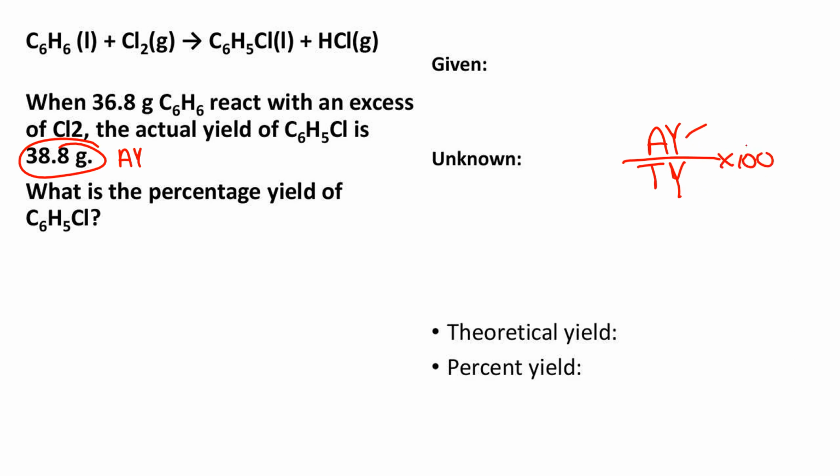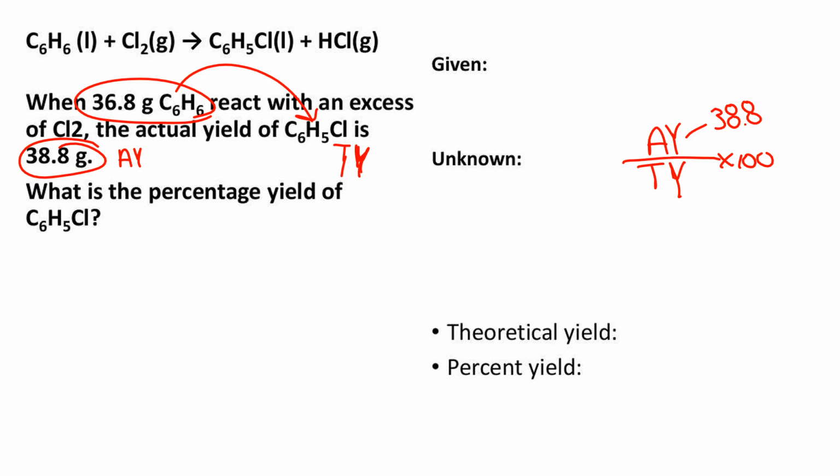All right. So that's going to be your 38.8 grams. So the question I have is, now, what do I do with this? I have to use stoichiometry from this to this to get my theoretical yield. So I have to solve for my theoretical yield first.